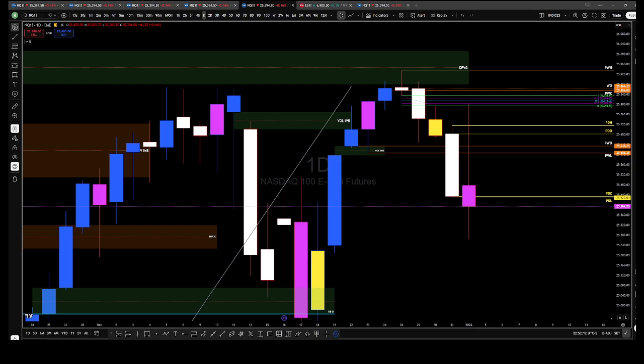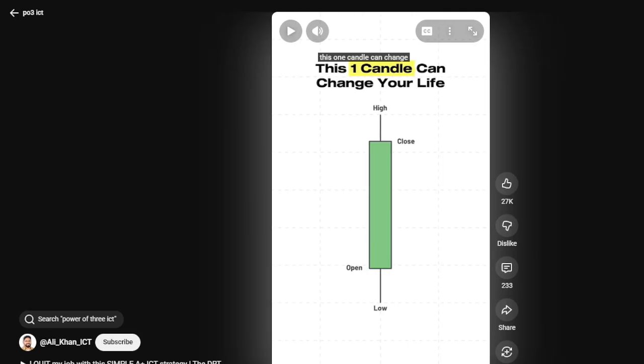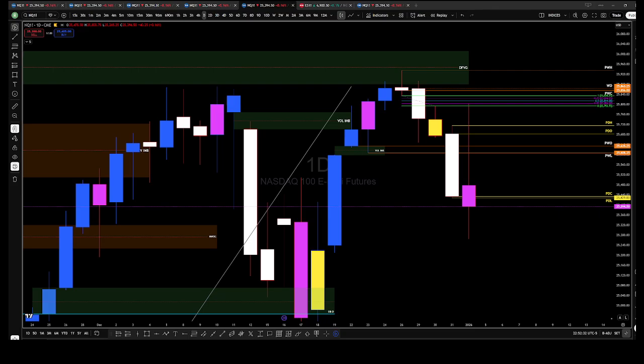This is what we're seeing here, but in a bearish form.